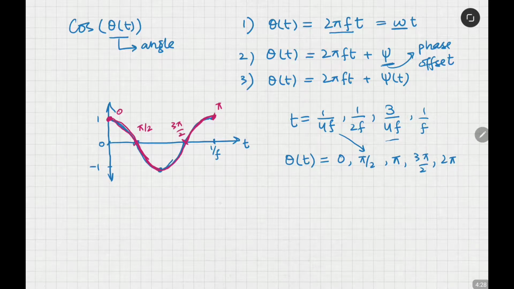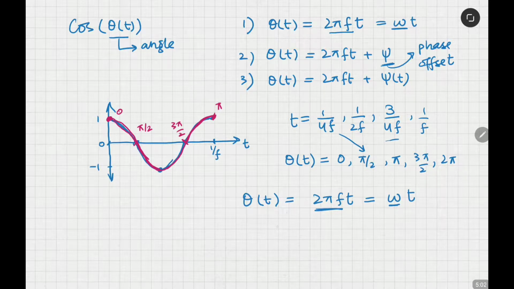So if I say that my angle theta of t is equal to 2 pi f t, where 2 pi f is the angular frequency, you can see this angular frequency as kind of an angular velocity. I will repeat it again: you can see angular frequency as kind of an angular velocity. I will give you a very descriptive example after a minute.